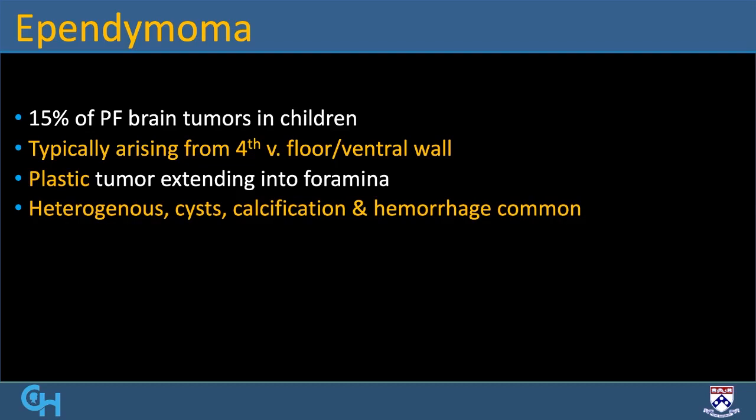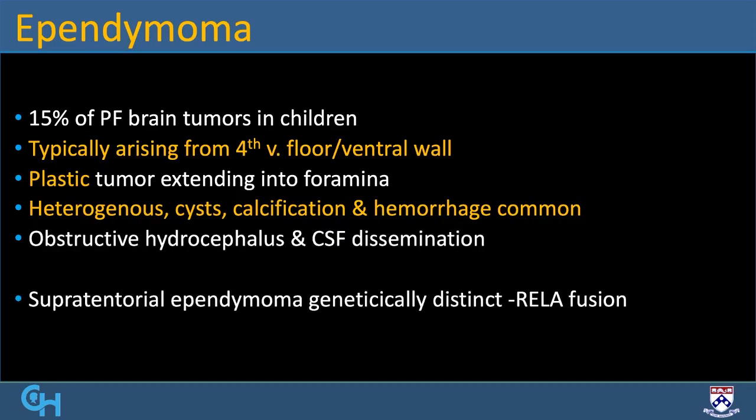They are typically heterogeneous, have cysts, they can have calcification and hemorrhage, and usually show more intense enhancement of their solid components compared to other posterior fossa tumors. They can cause obstructive hydrocephalus, and CSF dissemination is again commonly associated with ependymomas.